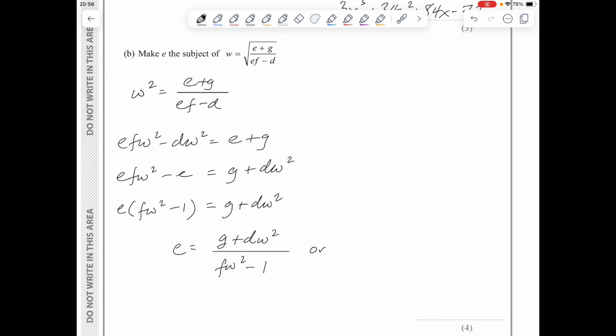Note that an alternative answer is minus g minus dw squared over 1 minus fw squared. You get that one if at this point, instead of all the e terms going to the left, they went on the right.